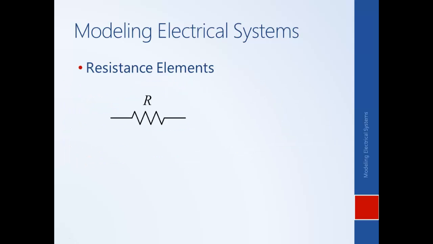The simplest type of element to consider is a resistance element. We will represent resistors with the symbol shown here. If you think back to your earlier undergraduate days, you might remember the relationship between the voltage across a resistor and the current through the resistor.